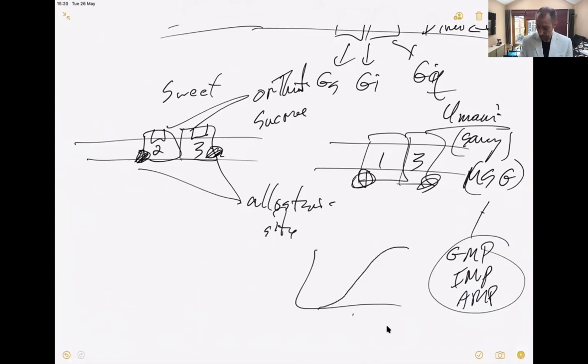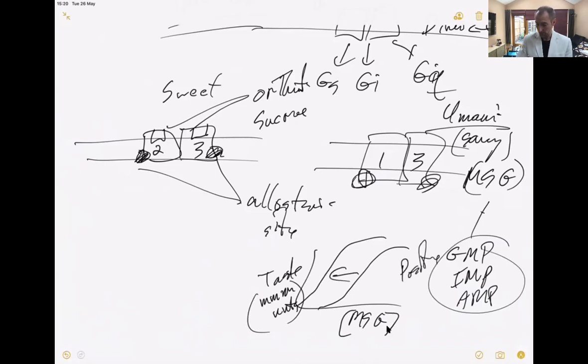So if this is normally your MSG response, and this is taste units, you get this physiological response. If you put in IMP, it actually shifts it this way. So these are positive allosteric modulators, and they shift the curve.